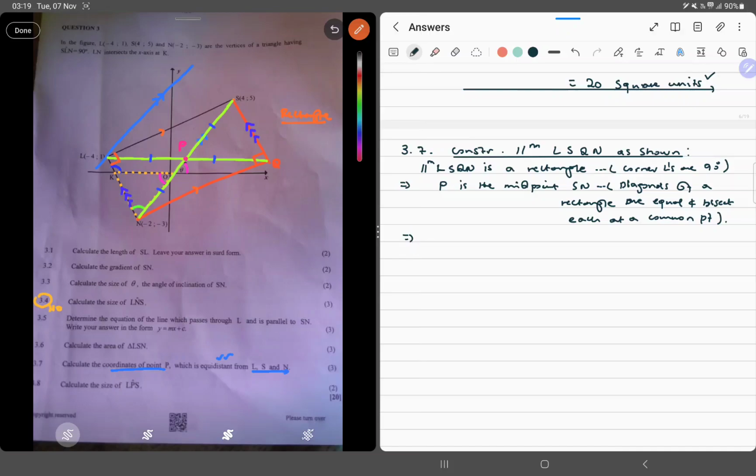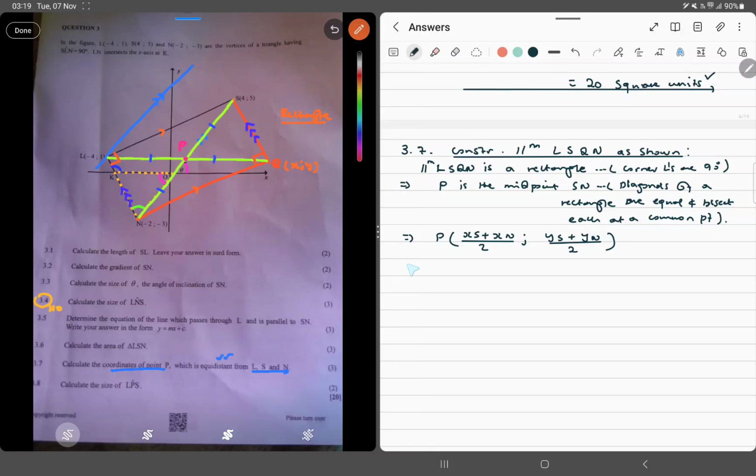So this implies what? Now it means that P is the point where we can say x at S plus x at N over 2 is to y at S plus y at N over 2. The reason we're choosing SN is because we know the coordinates, so we couldn't choose Q because Q is effectively x is to some value y.